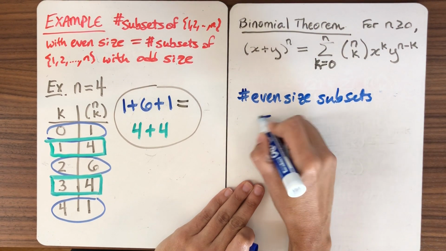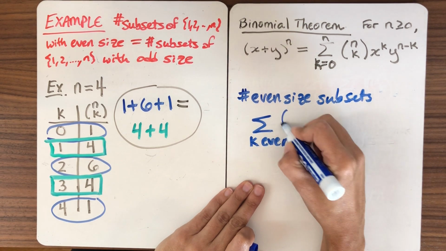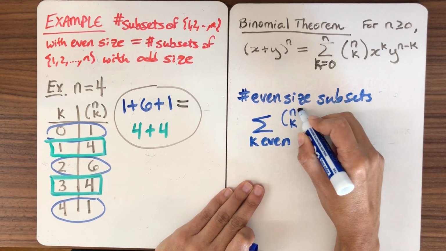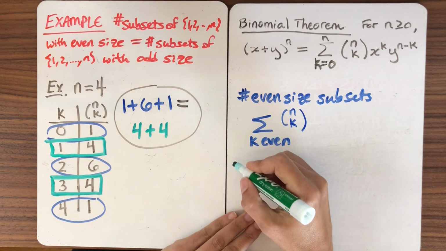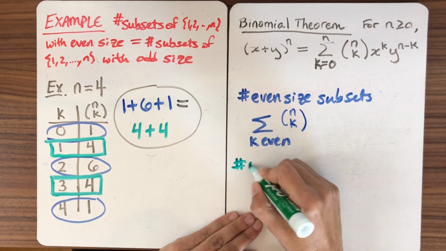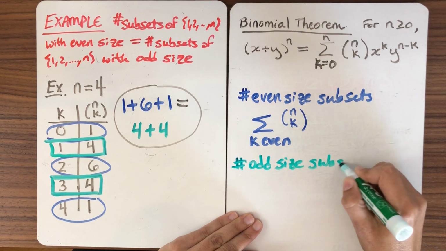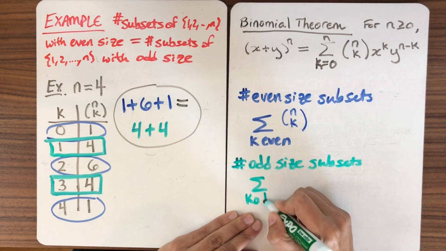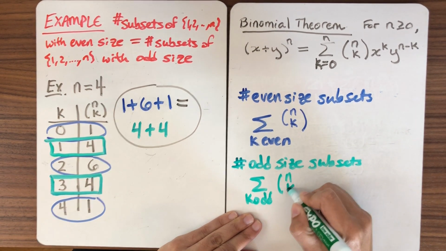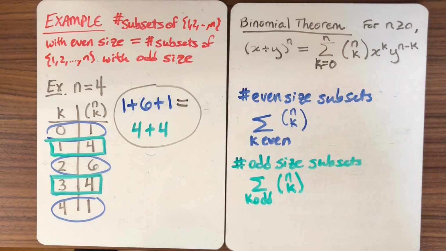That's the sum, k even, of n choose k. And what's the number of odd size subsets? It is the sum over k odd of n choose k. So to say this equals that, another way that I could say it is their difference is 0.